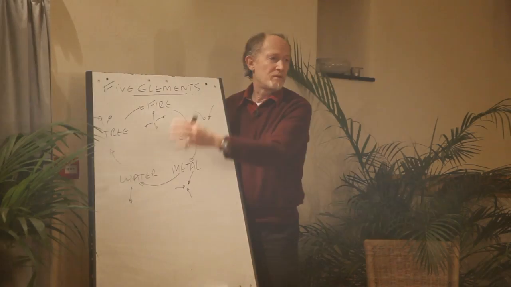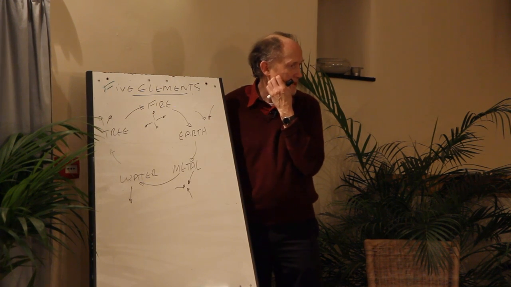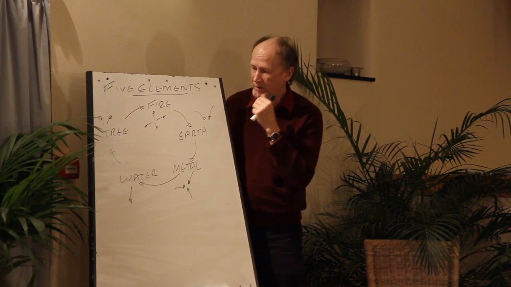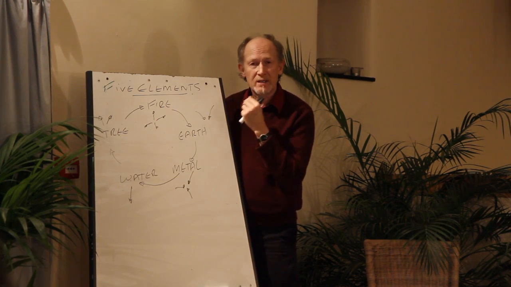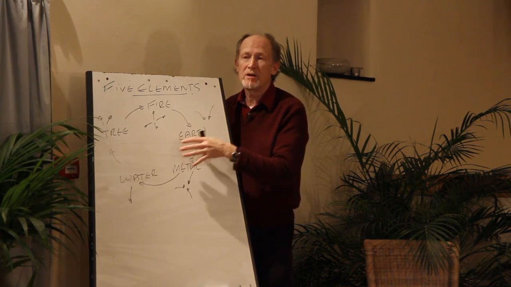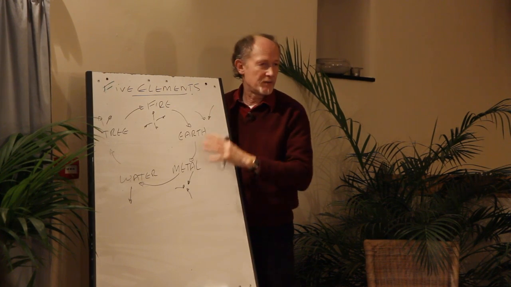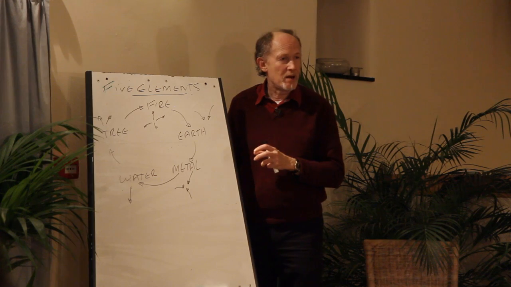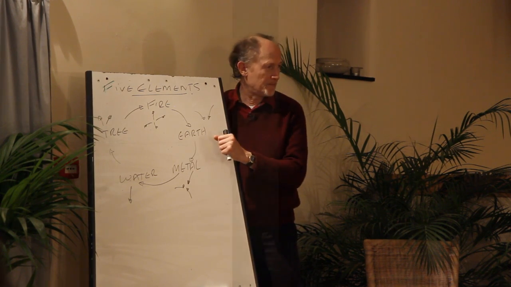We're moving through these 5 different energies all the time. And the Oriental way of looking at things is that our bodies are nourished by all 5 of these energies. But particular organs are nourished by a particular energy.